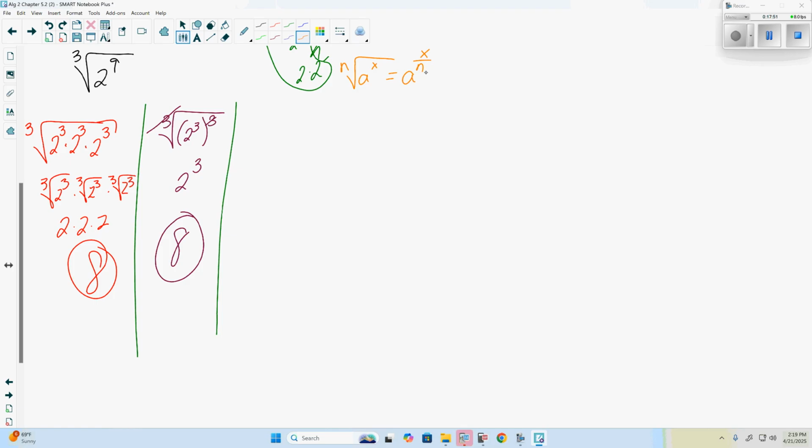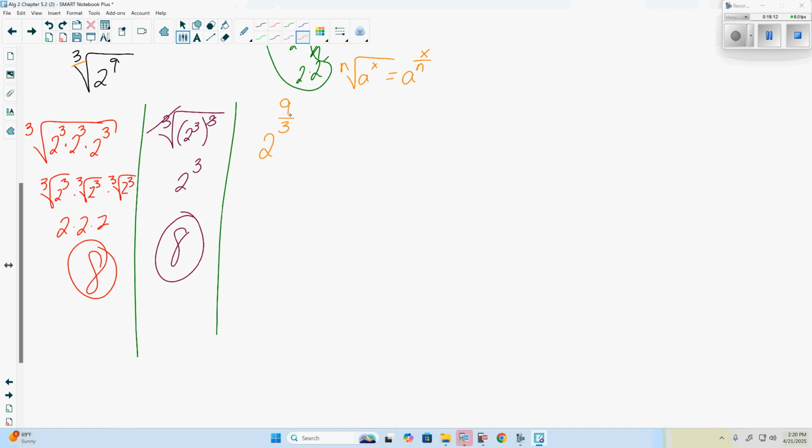Now the last way we had, and I've written before, the nth root of a to the x is the same as a to the x over n. Now this last way works out nicely if that rational exponent is simplified nicely. N in our case is 3 and x is 9.